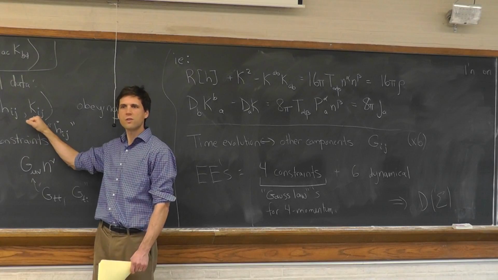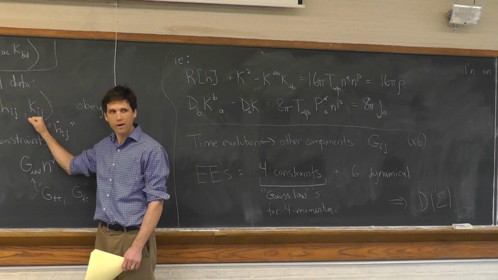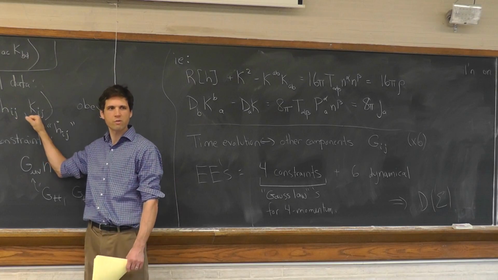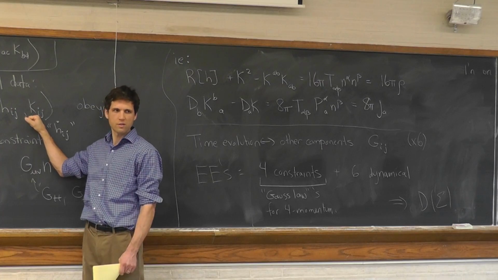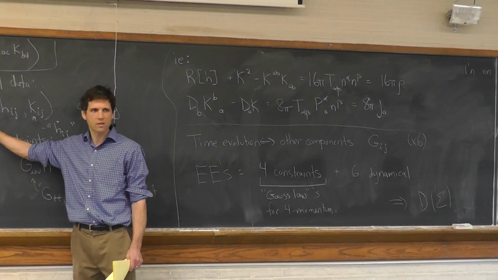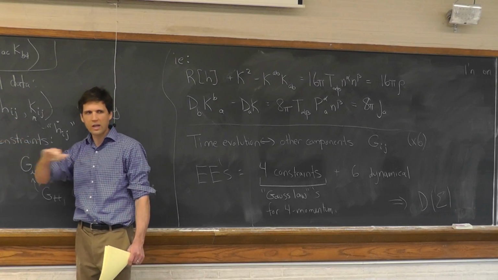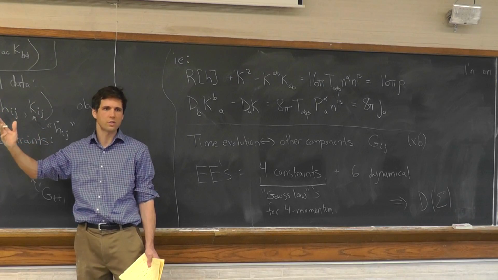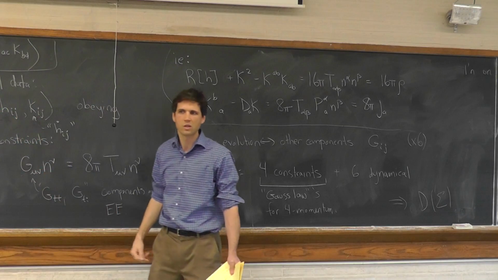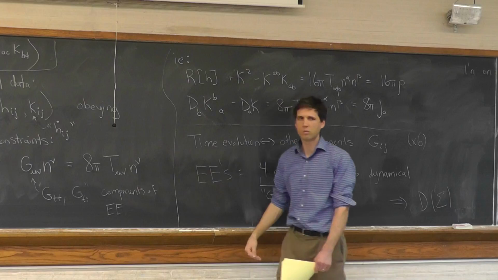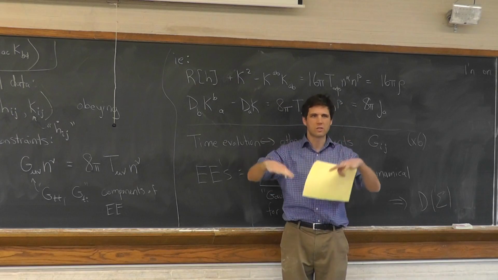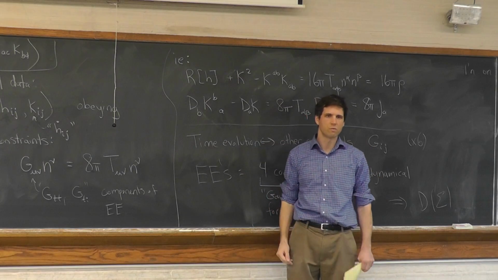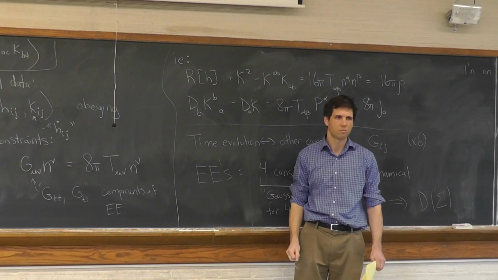So any equation that can be written entirely in terms of the field and its first derivative is called a constraint, because it depends only on the data on a given hypersurface. You don't have to go off the hypersurface to ask whether this equation is satisfied or not. So those are the constraint equations. The dynamic equations are comparing the data onto nearby slices. So it's a different kind of thing.